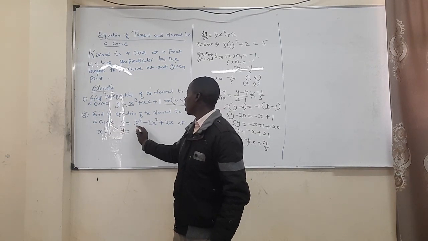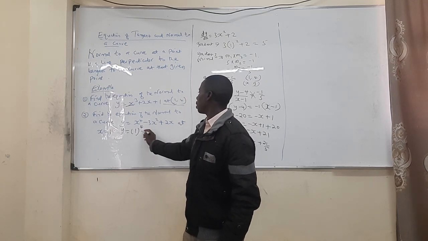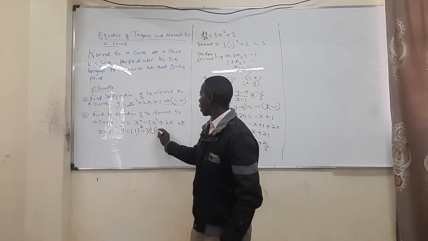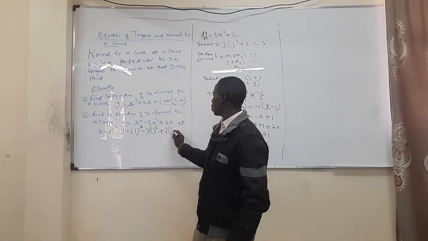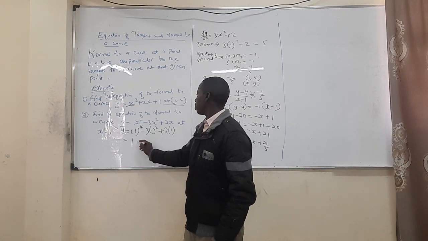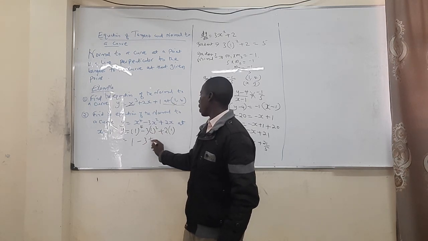So y will be x power 4, that is 1 power 4, and then minus 3 times 1 squared, plus 2 times 1. So 1 power 4 is 1, minus 3 times 1 squared is just 3, then plus 2.